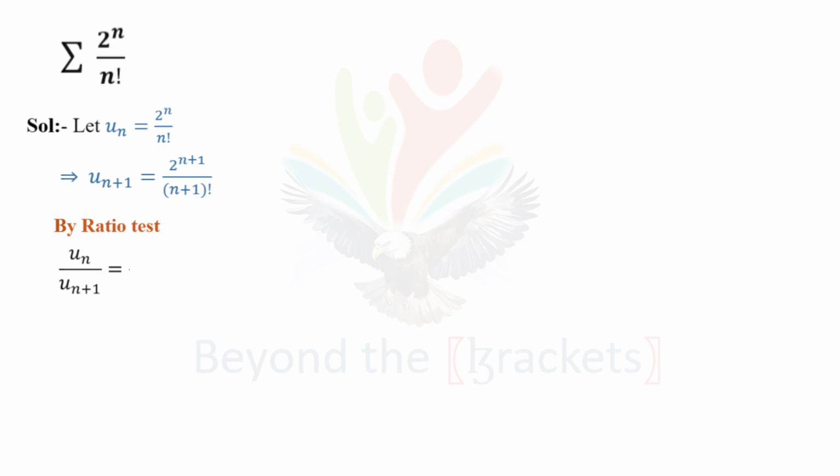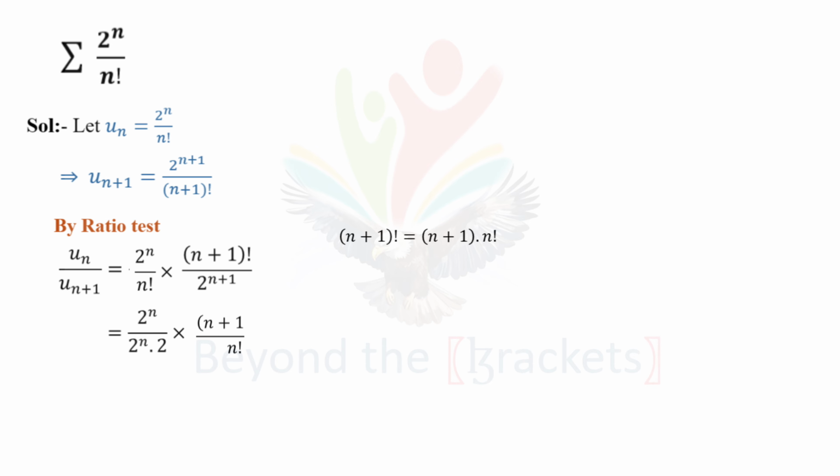So un is 2 power n by n factorial. Since we are dividing by un plus 1, its reciprocal is taken in multiplication. So we get n plus 1 factorial divided by 2 power n plus 1. Here 2 power n in the numerator is as it is. In the denominator, 2 power n plus 1 can be written as 2 power n into 2. n plus 1 factorial in the numerator can be written as n plus 1 into n factorial.